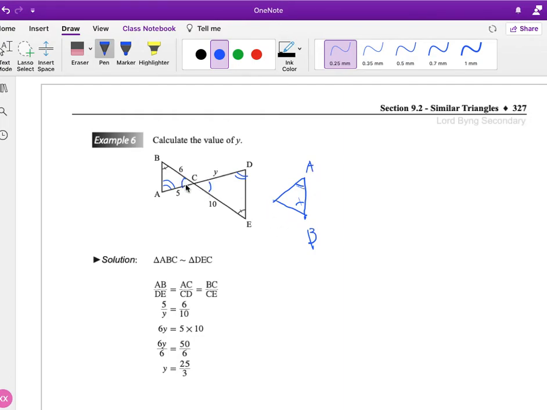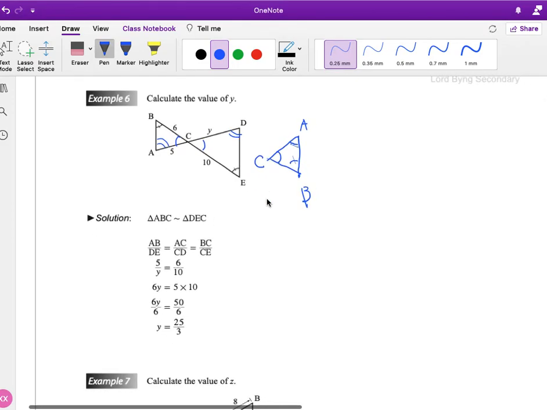And then this is the C here. See, that's my smaller triangle that is similar to the larger one: triangle CDE equals my smaller triangle ABC. See, they're similar.